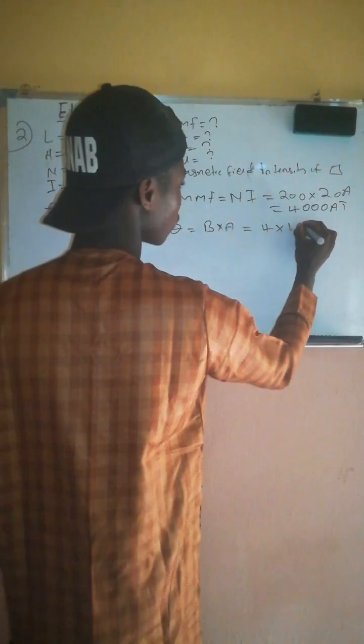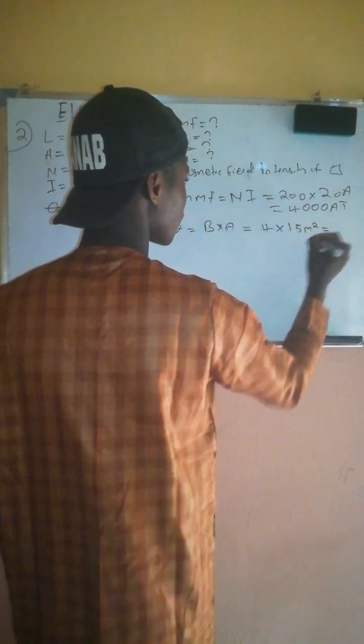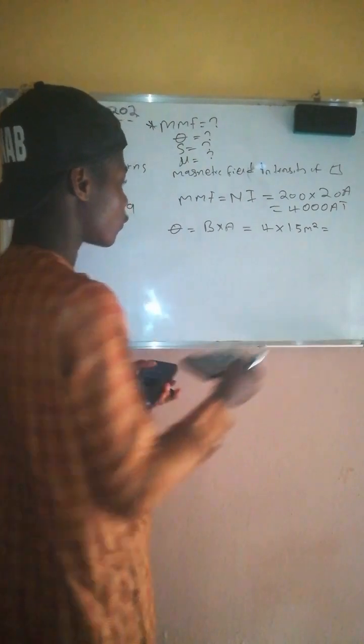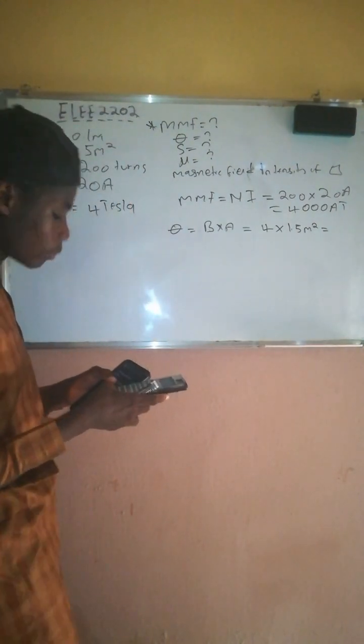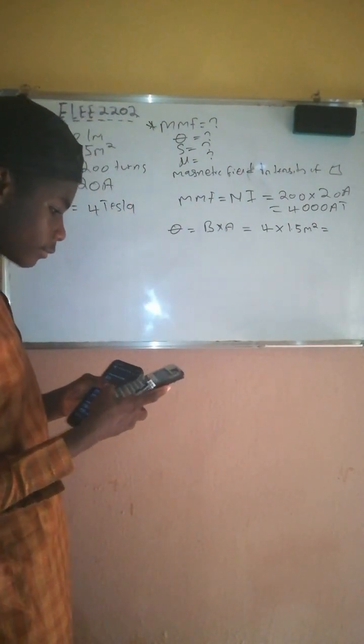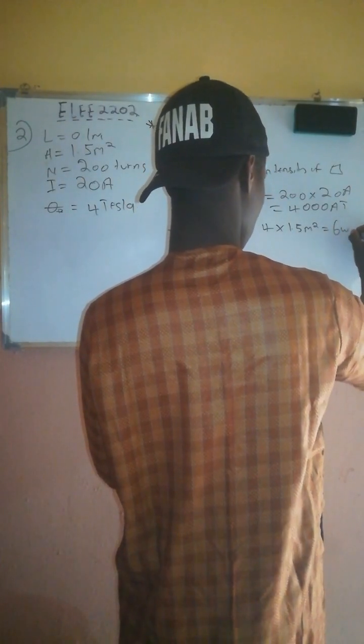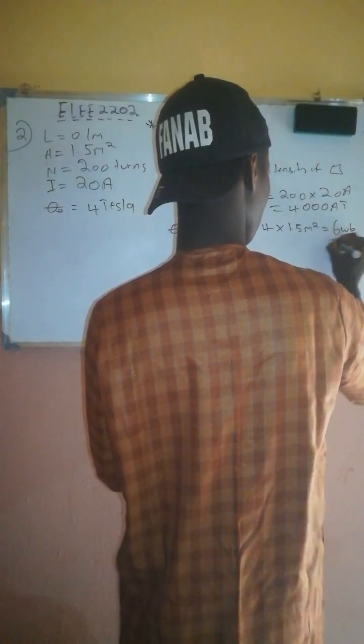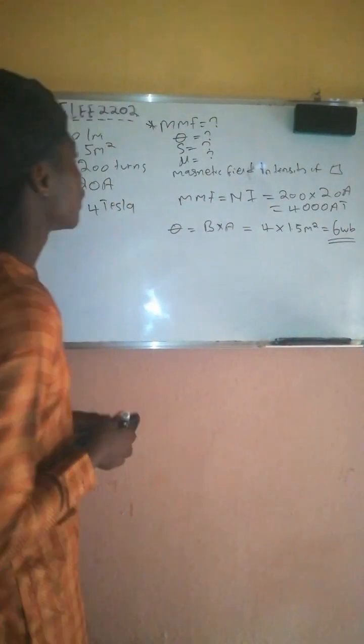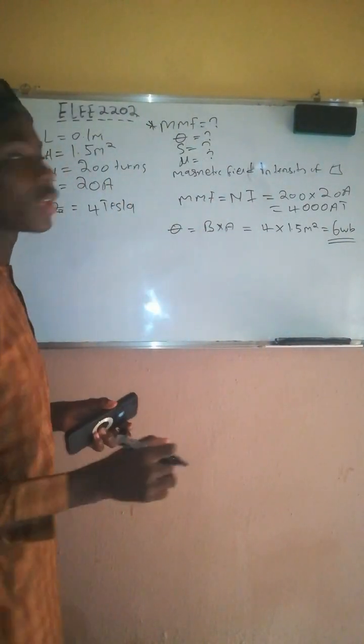Our area is 1.5 meters square. So 4 multiplied by 1.5 gives us 6. Therefore we have 6 Weber.